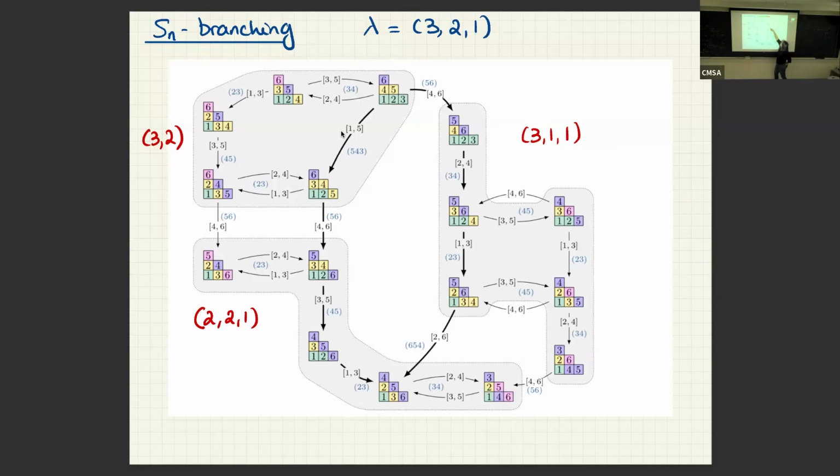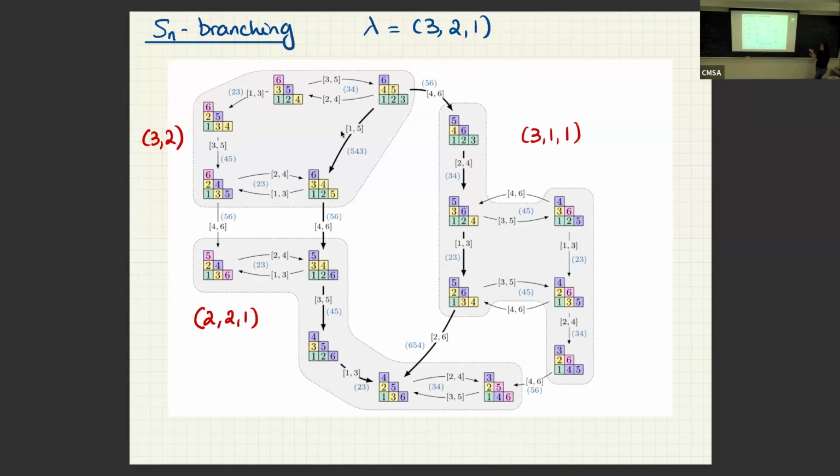In this top graph here, the 6 is always in this position. So if I take off this corner of the partition, this will be the crystal skeleton indexed by the partition 3 1 1. Here the 6 is always in this position. So this gives me a crystal skeleton indexed by the partition 2 2 1. And here the 6 is always on top, and that gives me the crystal skeleton of the remaining shape.